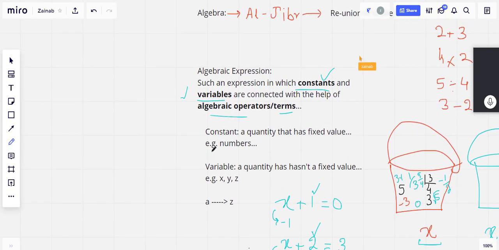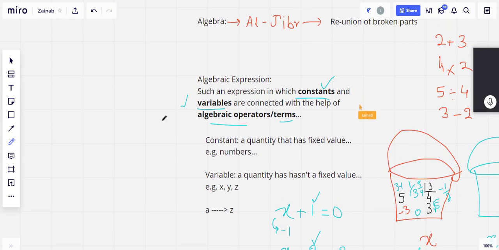First of all, algebraic operators, that's very easy. Algebraic operators are also called arithmetic operators. That's another name for it. And they are just plus, minus, multiply, divide, which you already know. This is just the terminology that you need to remember.